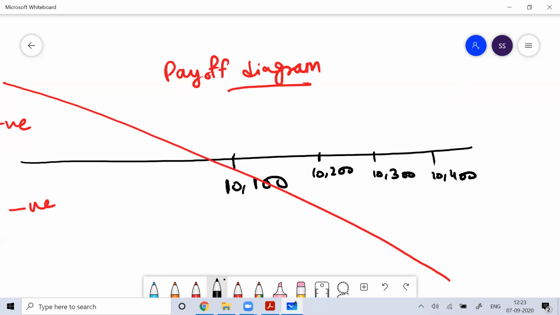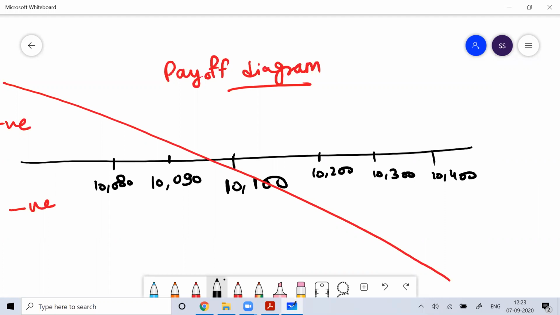And if the Nifty goes below 10,100, then this person will make profit. The more the Nifty goes below 10,100, the more profit this person gets. And if Nifty goes above 10,100, this person will get loss.